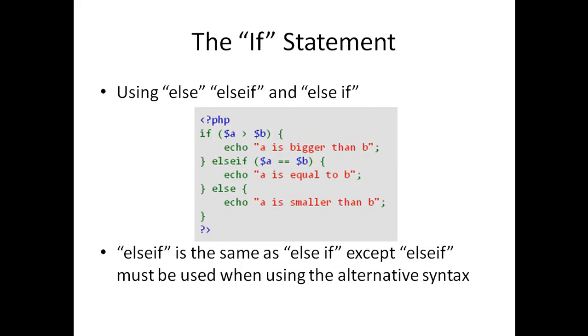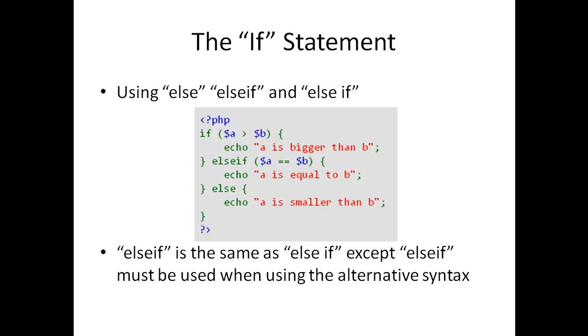Let me repeat that. Elseif without the space is the same as else if with the space, except elseif without the space must be used when using the alternative syntax. Here's an example where if A is greater than B, echo A is bigger than B, elseif without the space A is equal to B, then echo A is equal to B, else echo A is smaller than B. That's elseif without the space.